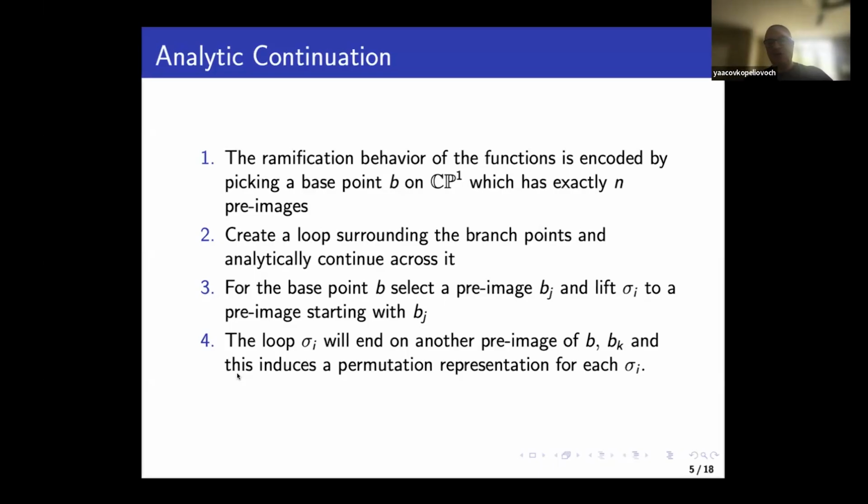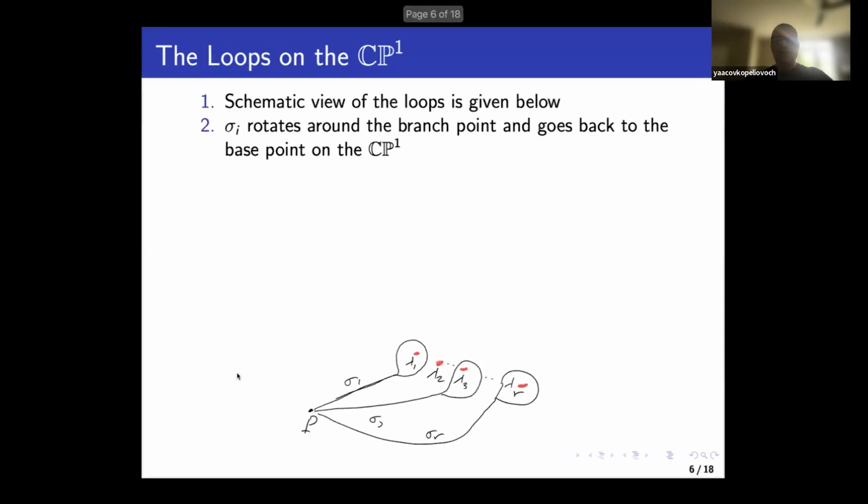Okay, so for each loop, if you look at the complex plane, for each loop you have this kind of presentation. Okay, and it induces a permutation for each sigma_i. So these are the schematic loops given below. And you can see that if you have a branch point, the loops are actually rotated around the branch point.